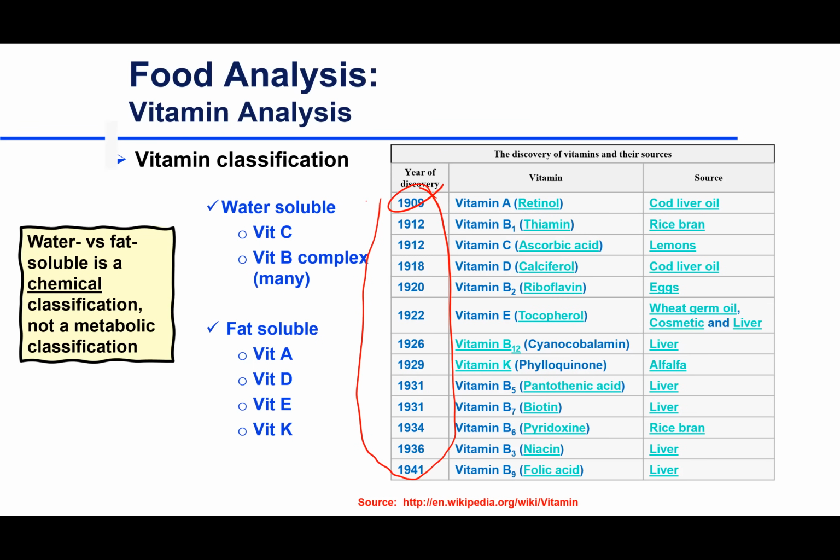It tells you virtually nothing about the function of those vitamins. Therefore, it is incorrect to say, well, it's a water soluble vitamin, therefore it's involved in these kinds of processes, or it's fat soluble, therefore it does these kinds of things. That's totally wrong. Every vitamin is unique.